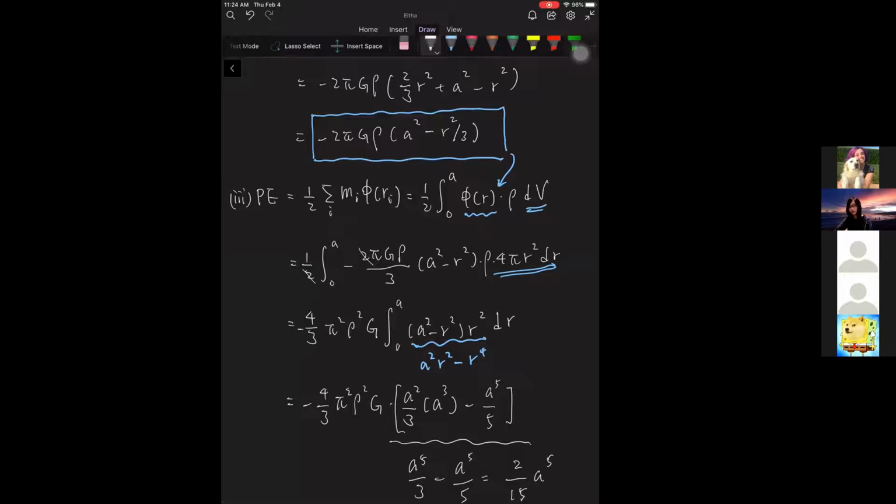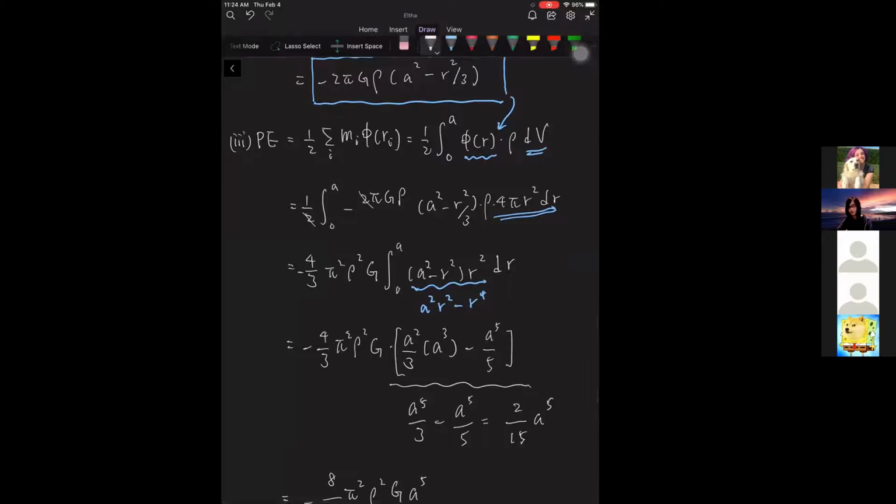So we shouldn't have a factor of 3 over here. And so instead, the factor should be here. And that will give us, okay, so no more factor of 3 here.